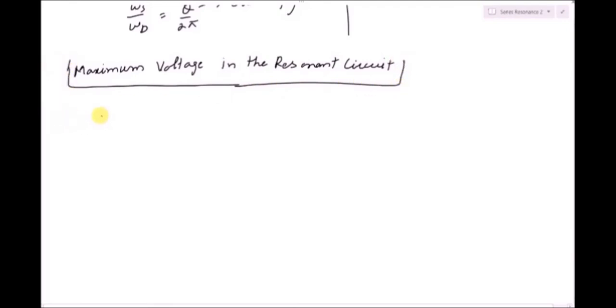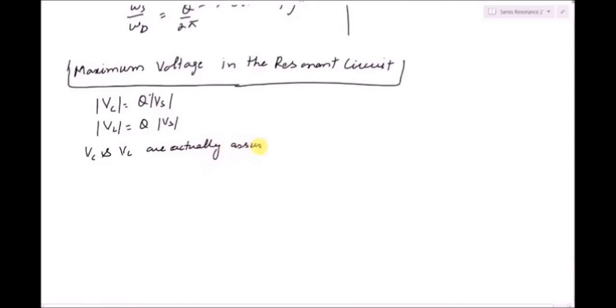Now we already know that at resonance the voltage across the capacitor is actually the quality factor times the source voltage, and similarly for the inductor voltage it is again the quality factor times the source voltage. And we assume that this is a very large value, so the VC and VL are actually assumed to be large values.